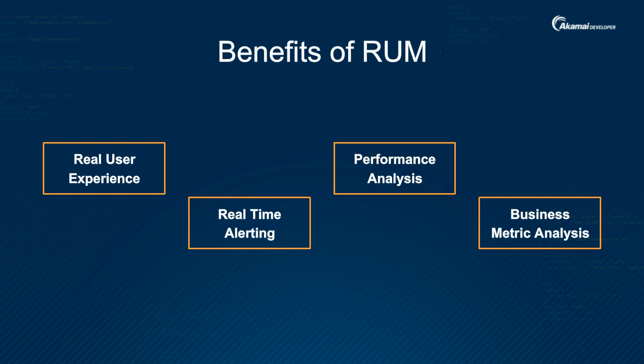And of course, the analysis of performance, as we've talked about, and then that business metric analysis and correlation is also fantastic to have, and to be able to empower the various individuals in your organization to really excel at their individual jobs. And as I mentioned before, it's very diverse what you can do with RUM data and how you can analyze it. So there's many needs it can fill.